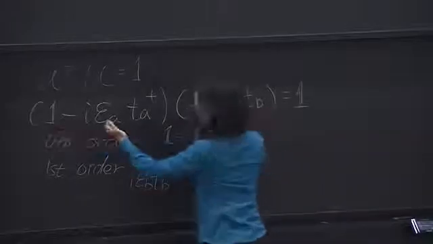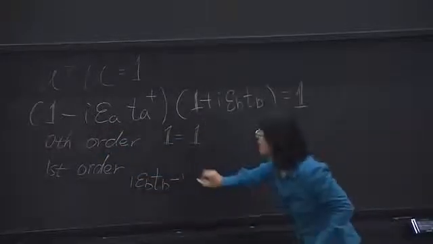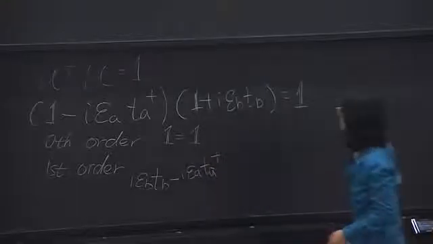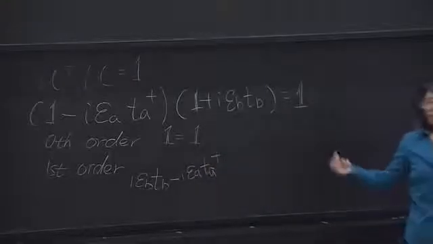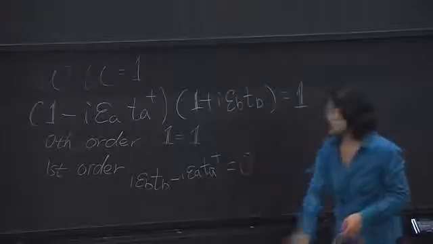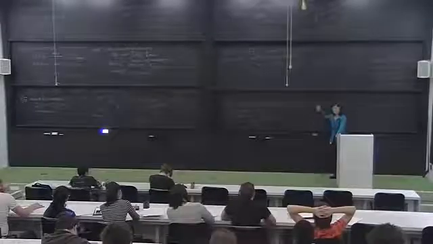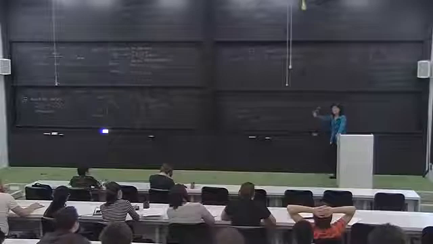And I have this guy's minus i epsilon A TA dagger. Well, the right side is identity, which doesn't have a linear term, so it's 0. Now let me remind you, all these indices come in pairs. They are summed over, so they are considered dummy indices.